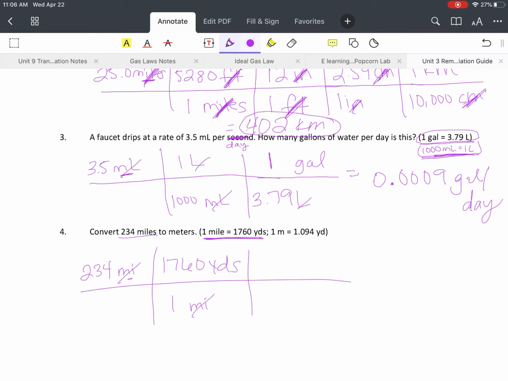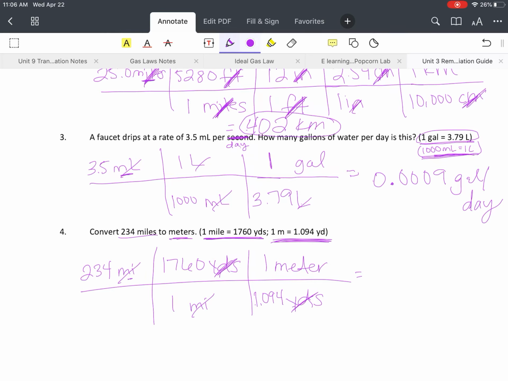1 mile is 1760 yards. So my miles cancel. Now I need yards on the bottom, because I've got yards on the top. Looking at my conversion, 1.094 yards is the same thing as 1 meter. So my yards have canceled, and I'm left with meters, which is what I want.